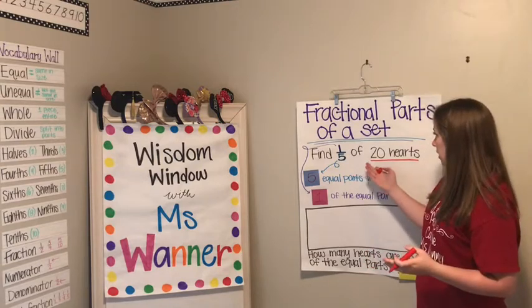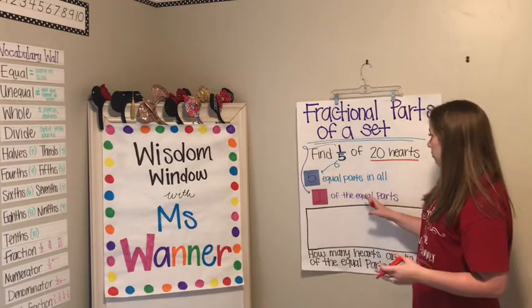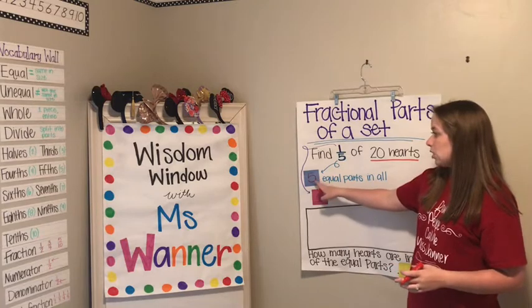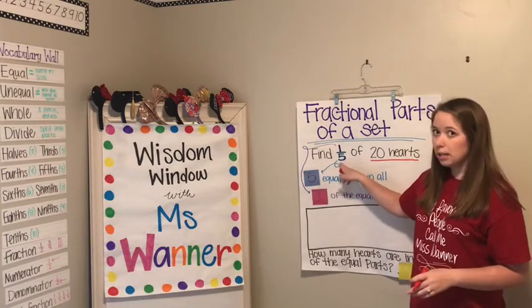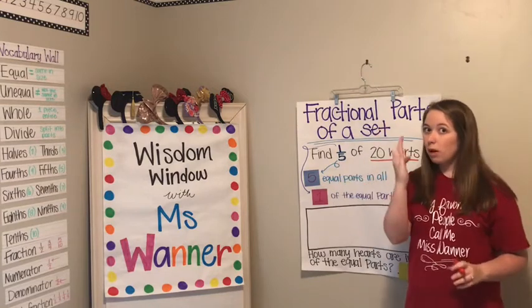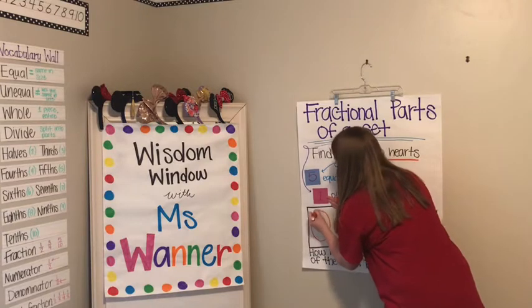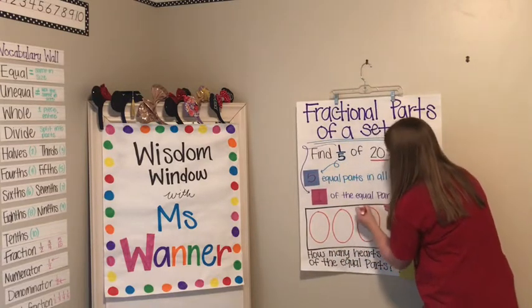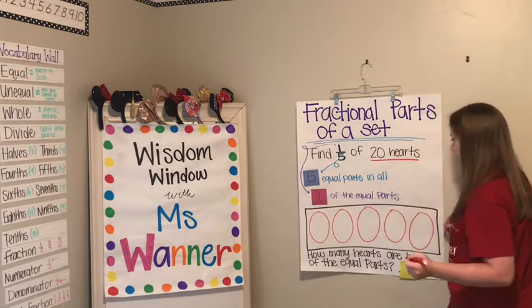Find 1/5 of 20 hearts. Like what we did outside, we're going to divide the 20 hearts into 5 equal parts. We know to do this because this is our denominator. That is how many equal parts we're dividing into. So I'm going to have 1 set, 2 sets, 3 sets, 4 sets, and 5 sets.